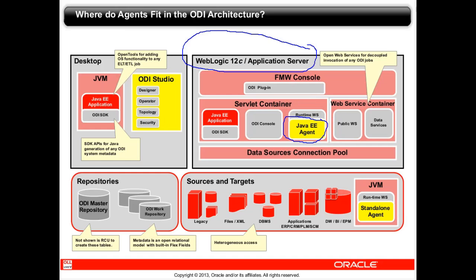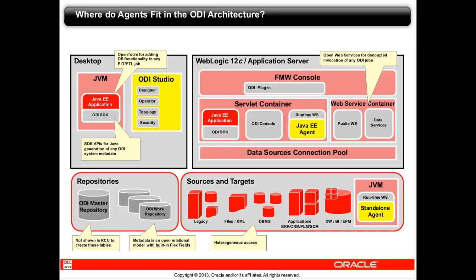The second option is you could have WebLogic out there, but you could choose to ignore it. If you choose to ignore it, then what will happen is ODI will install enough pieces of WebLogic to use it, but it will make its own domain controller, make its own managed servers, and it will be responsible for starting and stopping the agent itself.